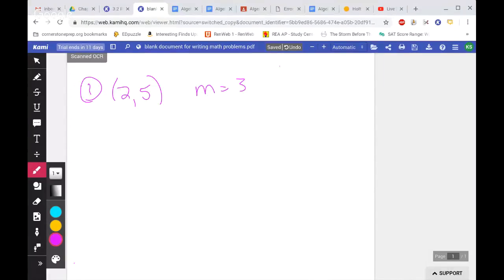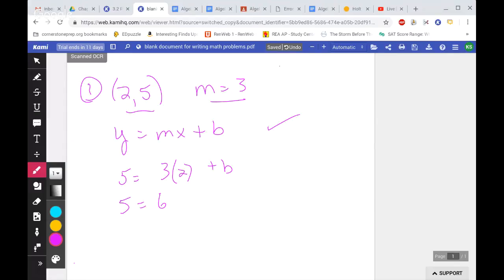What I'm going to do for this is start in slope-intercept form. I'm just going to go ahead and write it: y equals mx plus b. I'm trying to get it to this, but I'm only given the slope and a point. So I want to plug in my point to solve for b.